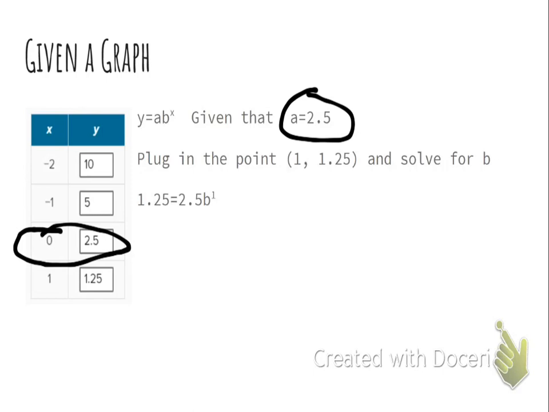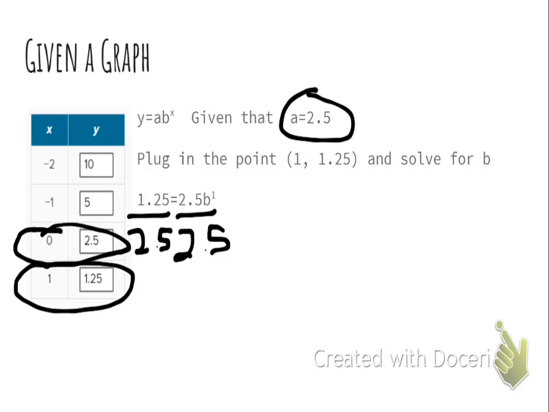So I used the next ordered pair, (1, 1.25), and I plugged in the 1.25 in place of my y, and I plugged in the 1 in place of my x, and now what I have to do is just solve for b. So in order to do that, I divide both sides by 2.5. Well, 1.25 divided by 2.5 is nothing more than a half. A half is the same as 0.5.